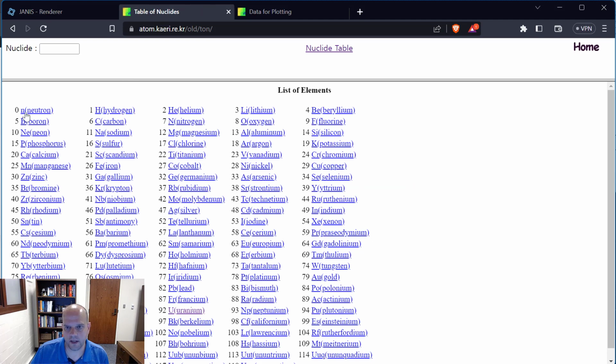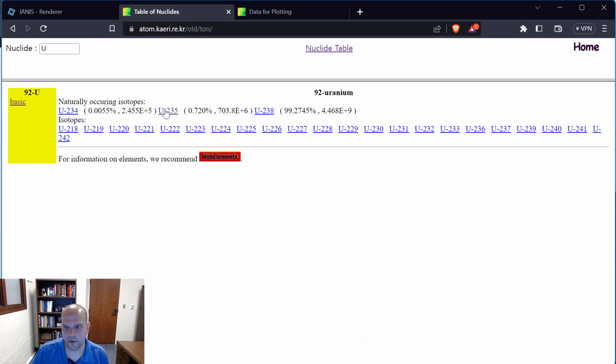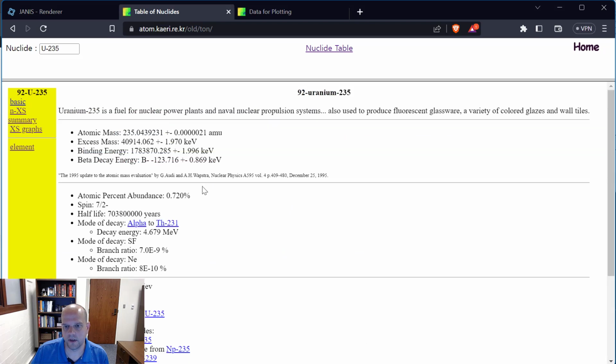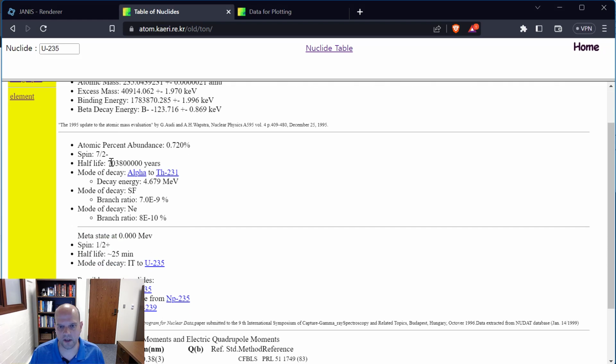And it's organized here, just a list of elements, and so I go into uranium, and I go into U-235. And here it's got a bunch of just standard data that most likely you would care about. The percent abundance, naturally it's got half-life data. We'll get into that next chapter.